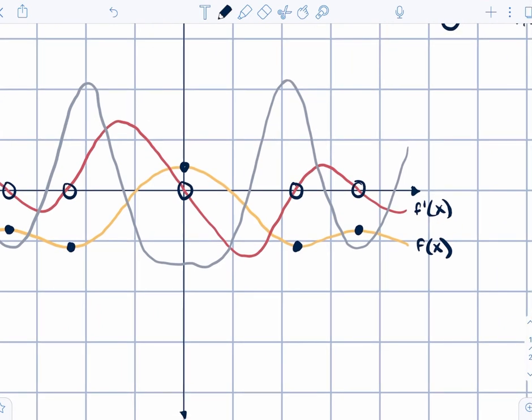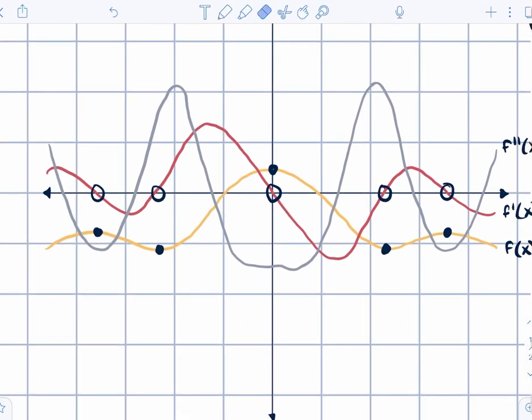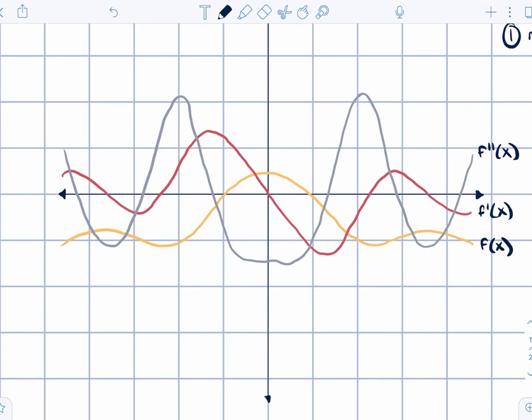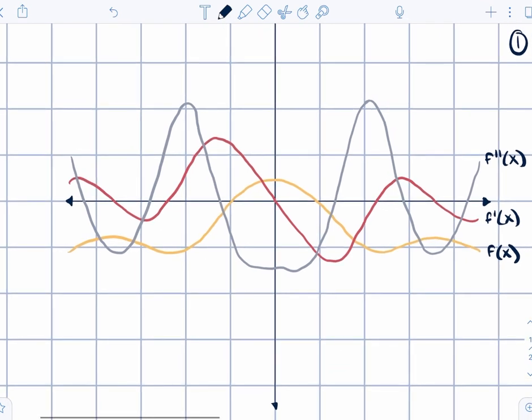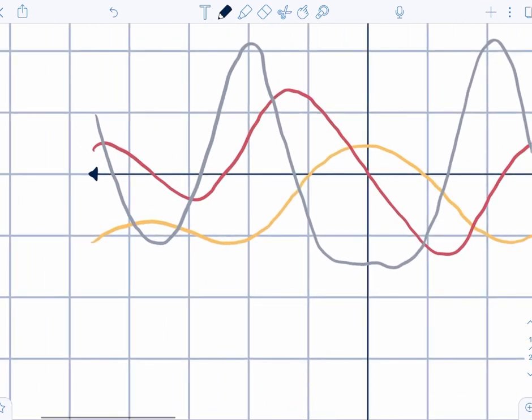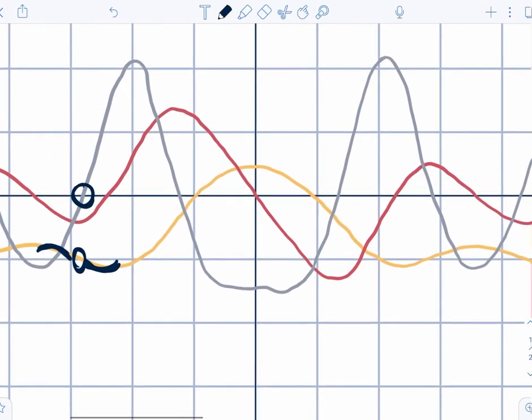And so if this is the first derivative, then this one would have to be the second derivative. And to find that out, wherever there's a point of inflection, the graph of the second derivative would cross the x-axis. So right here, it goes from concave down to concave up somewhere over here, and then the second derivative crosses the x-axis.